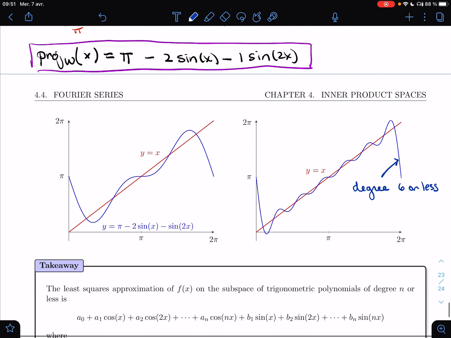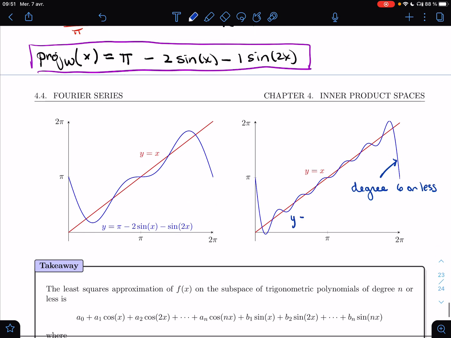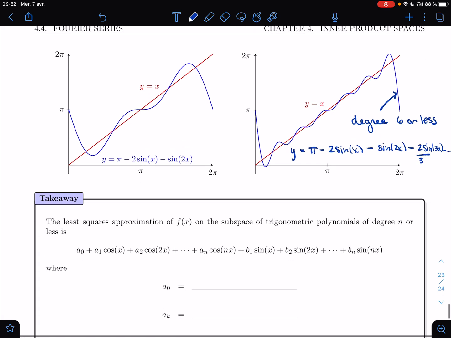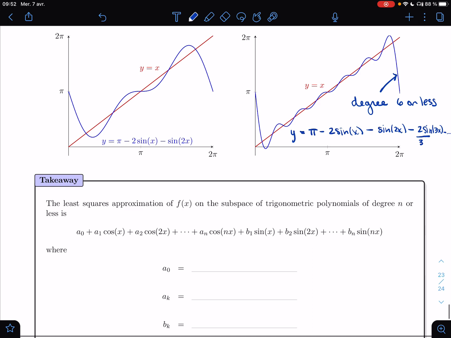So here you would have y equals pi minus 2 sine of x minus sine of 2x minus 2 sine of 3x divided by 3, and so on. So let's write it that way, that makes it clearer.